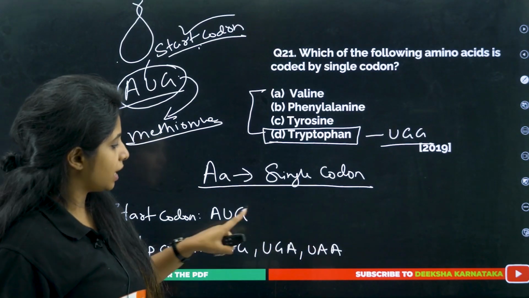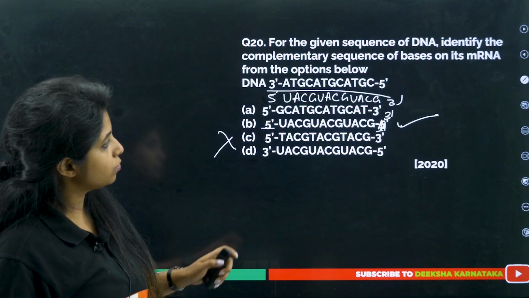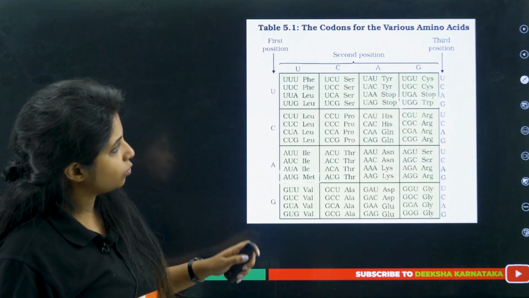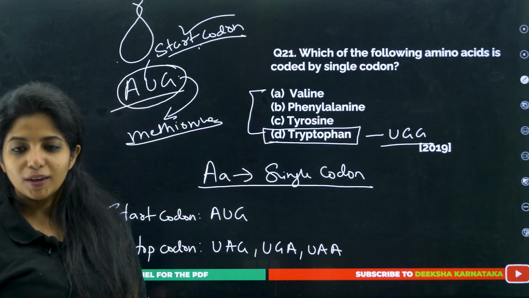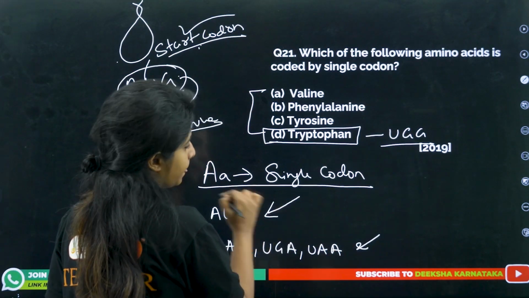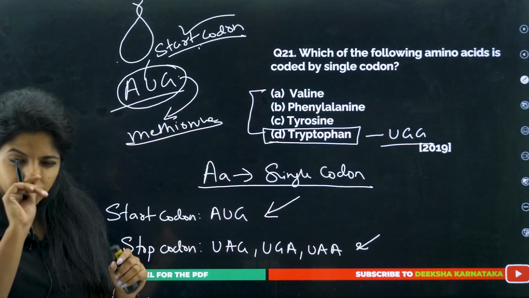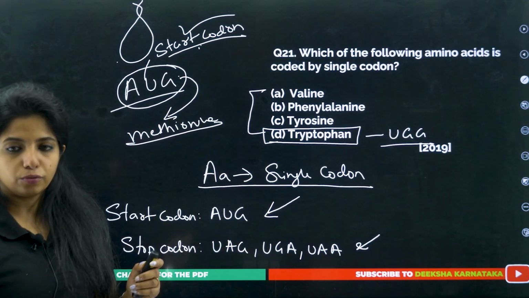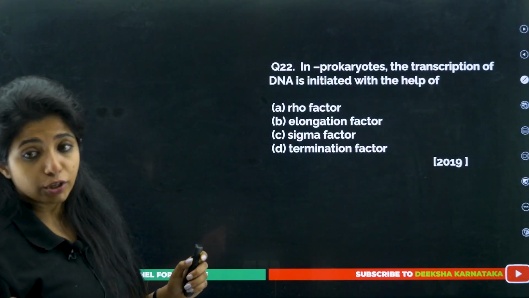You have to remember it. And methionine and tryptophan are the only amino acids which have just one codon coding for them. Cool. Let's go ahead. You will be finding questions regarding this.